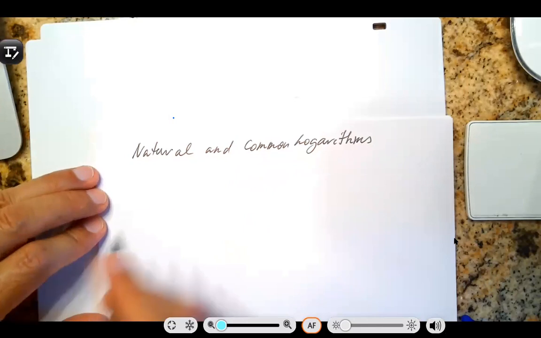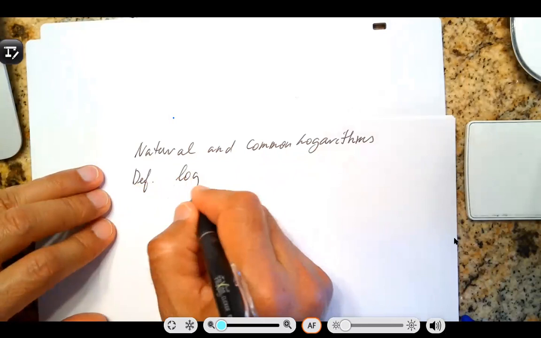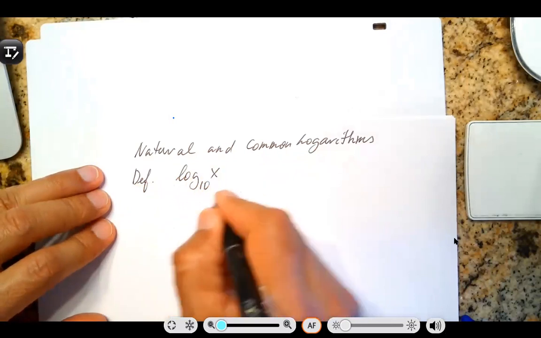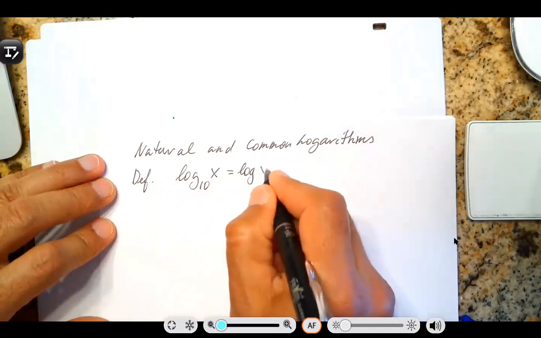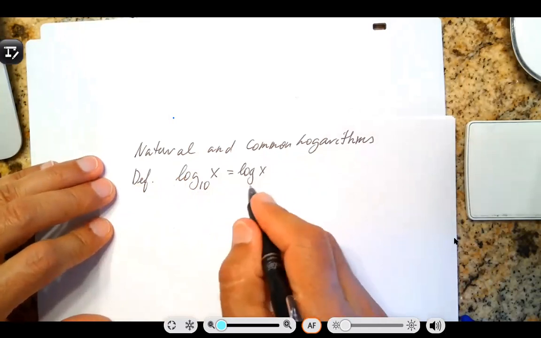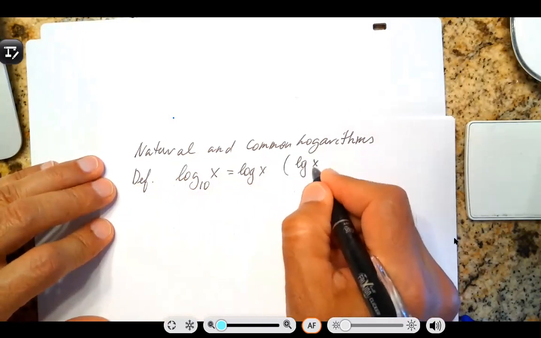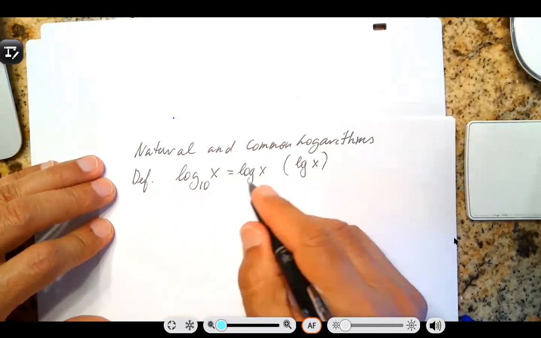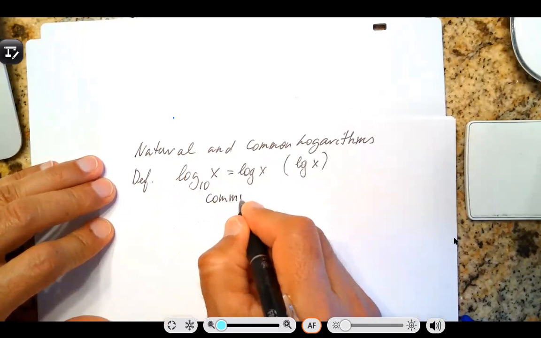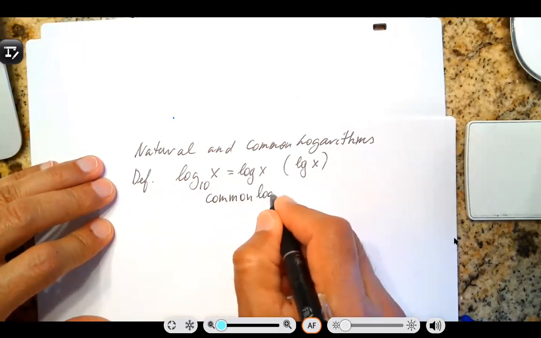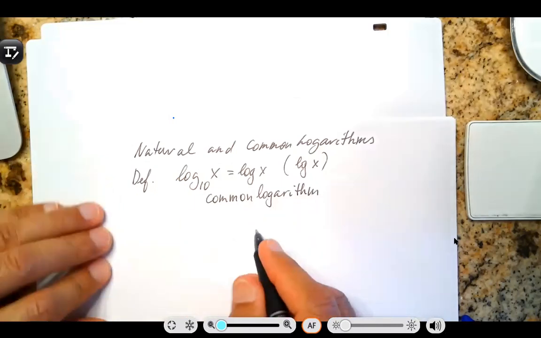So here are the definitions. Logarithm x base 10 is called common logarithm, log x. If you put log x without anything, this means common logarithm. In Europe, they use lg x. It means base 10. It's built in your calculator. Your calculator has base 10 and also base e.